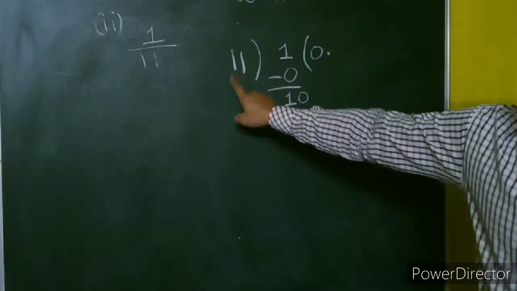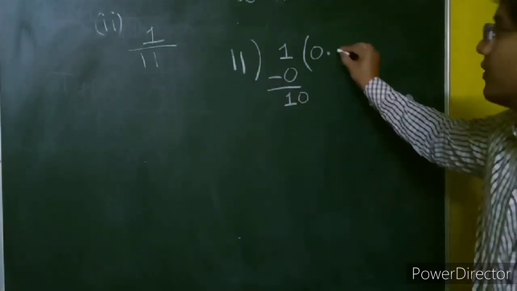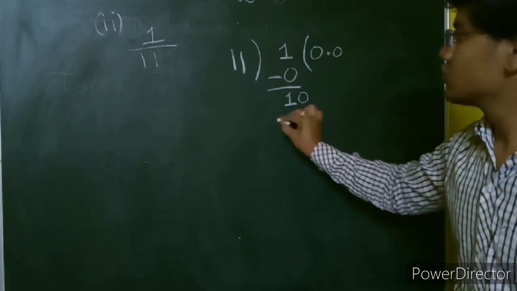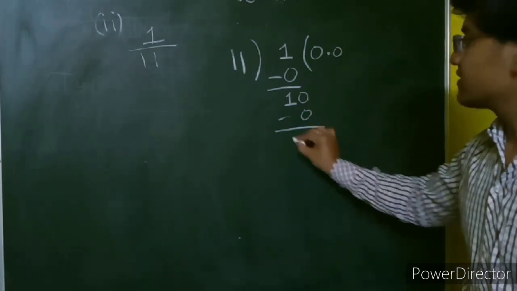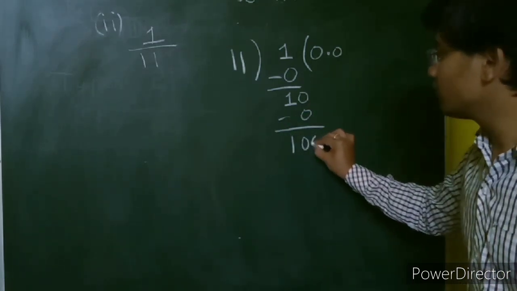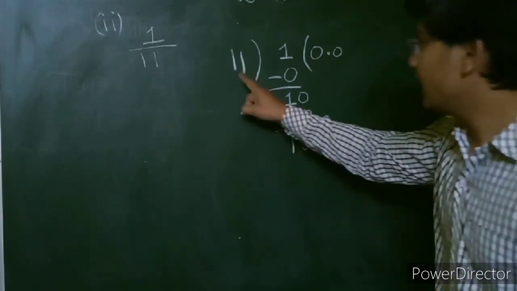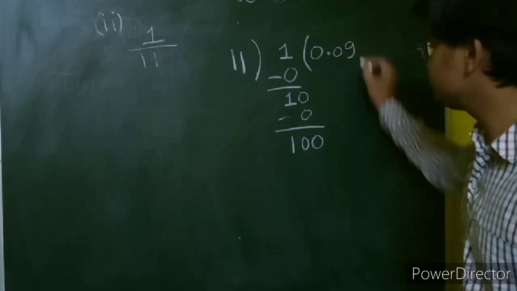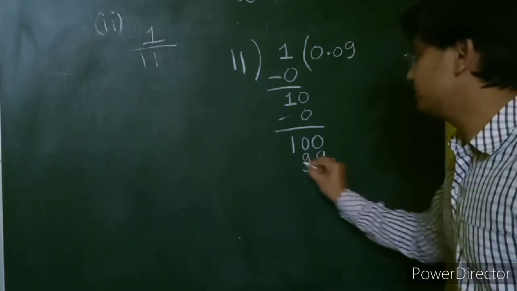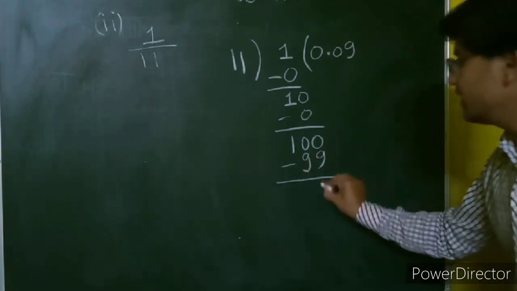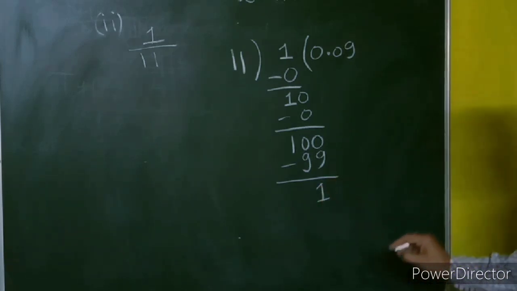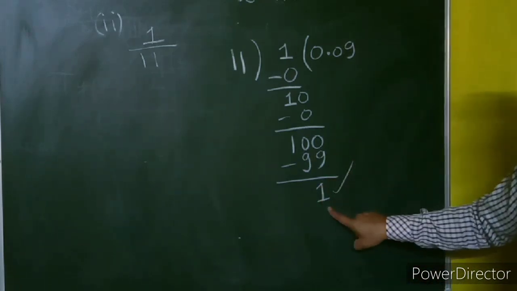Now once again in 11's table 10 is not coming, so we will take 0 times. 10 minus 0, 10. We will write here one more 0. So 11 9s are 99. 100 minus 99, it is 1. Now you can see here once again we got 1.